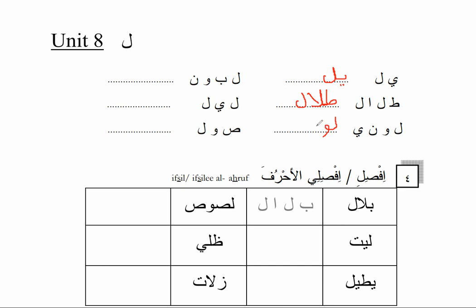So waw can be connected from the right side, but it will not be connected from the left side. So noon will be written just like ba, and there is ya, so you will write ya in the full form. Lawni. Then lam, ba connected, waw connected, and noon will be written separately.